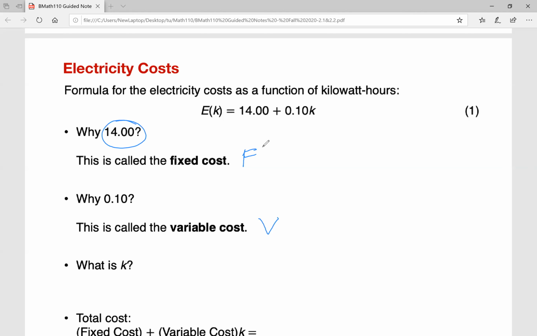And what is K? K is actually a variable and it represents the kilowatts used in a month. So I'm going to write it down: kilowatts used in a month.